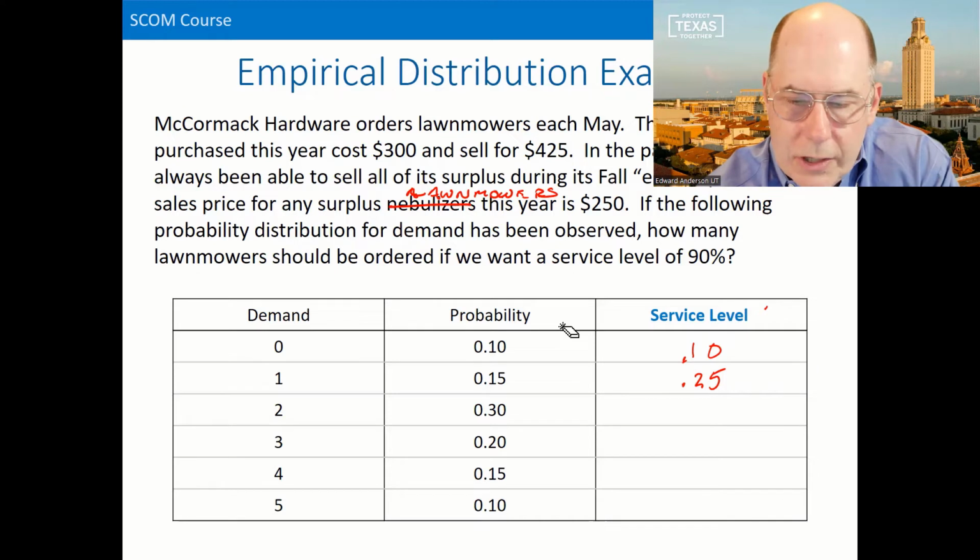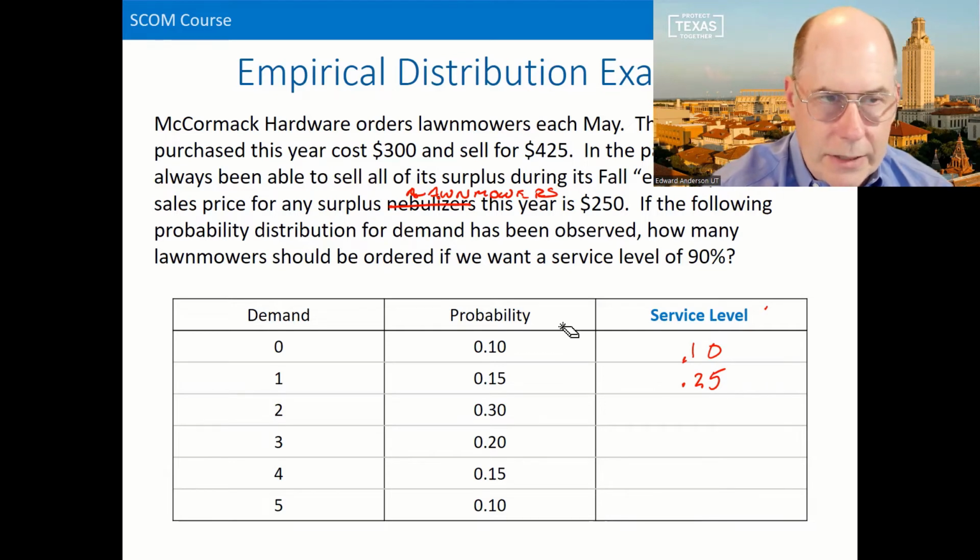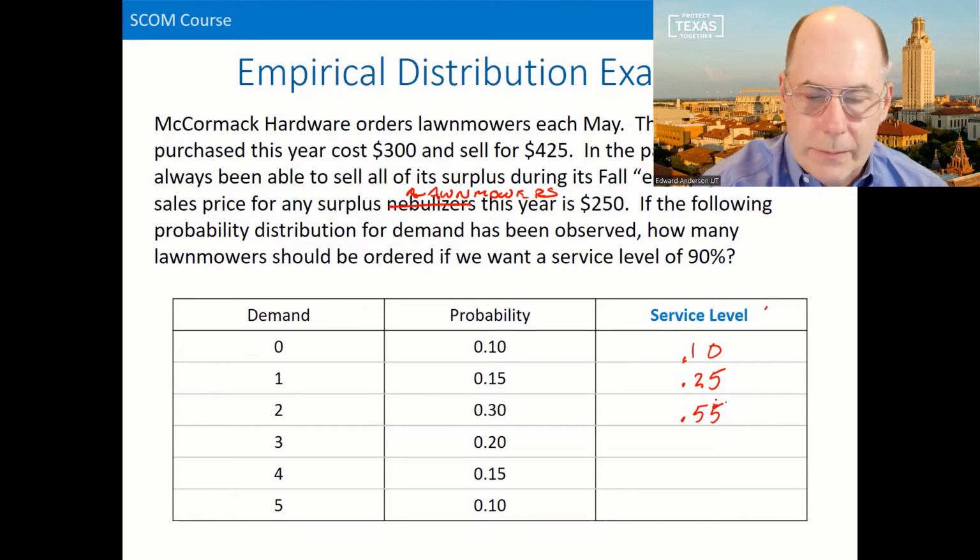Okay, so if we have 2 lawnmowers on hand that we order, then our probability of taking care of 2 customers if they come in, or 1 customer, or 0 customers, we've got a 55% chance of satisfying everyone who comes in.